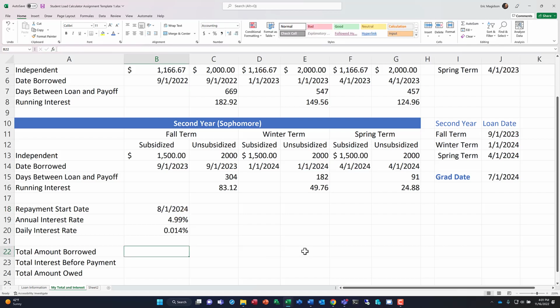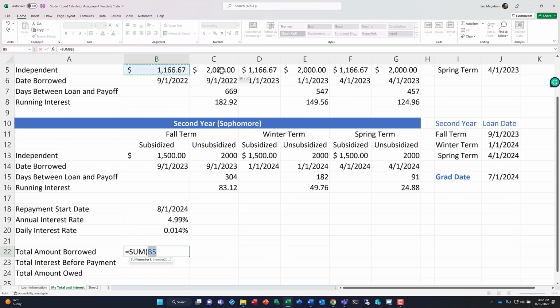Now, total amount borrowed. How much did I borrow? The total amount I borrowed, right, was each loan installment. So I'm going to say that this is going to equal the sum, okay, of, well, my first year, this, and I'm going to just do sort of a long function here. Actually, I'm not.